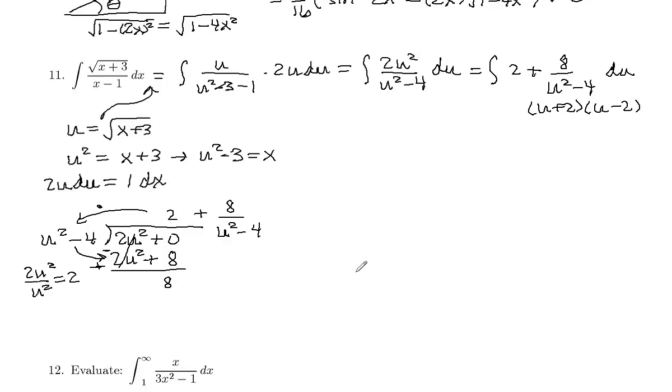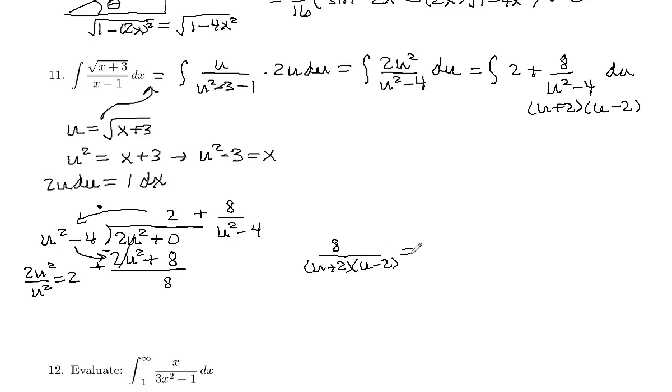So when we do our partial fractions, let's go ahead and do that down here underneath. So let's see, we've got 8 over u squared. Well, let me go ahead and use the factored form. U plus 2, u minus 2.